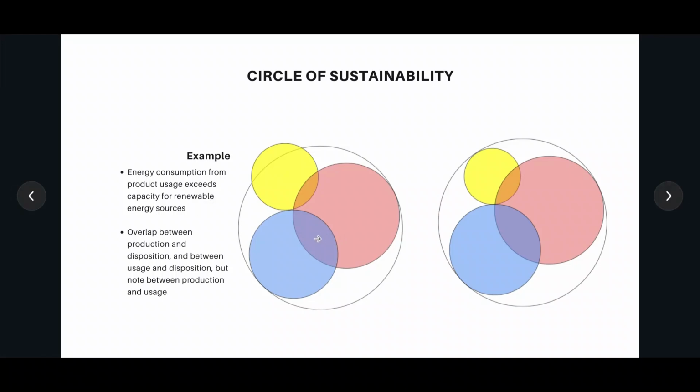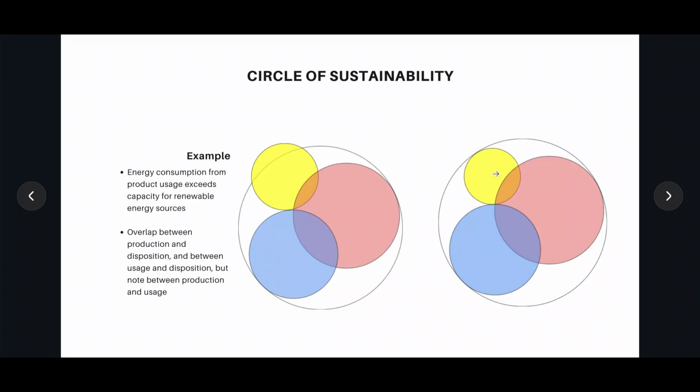And there's an overlap between production and disposal, as well as an overlap between product usage and disposal. But I wanted to point out that there is no overlap between product use and production in this scenario.